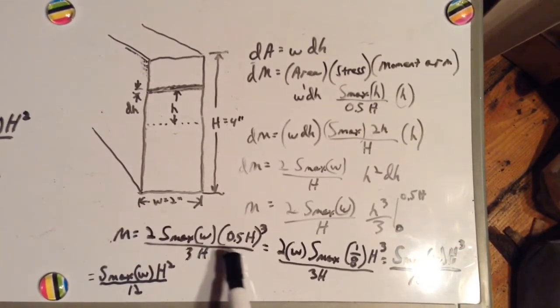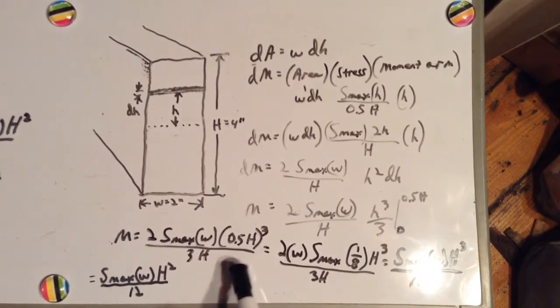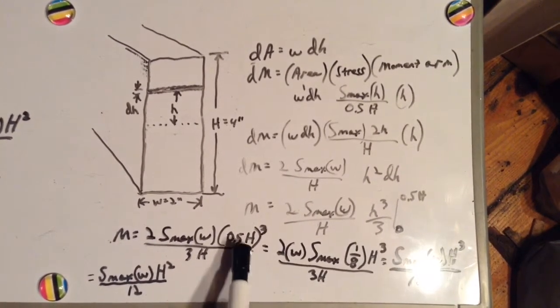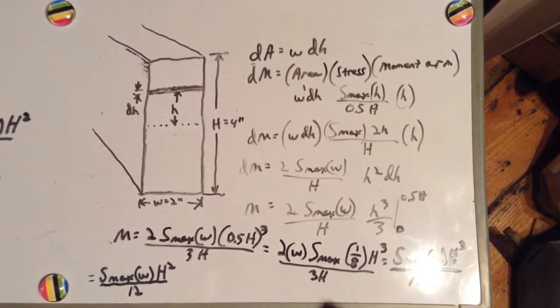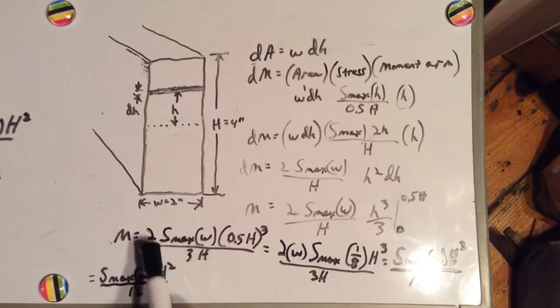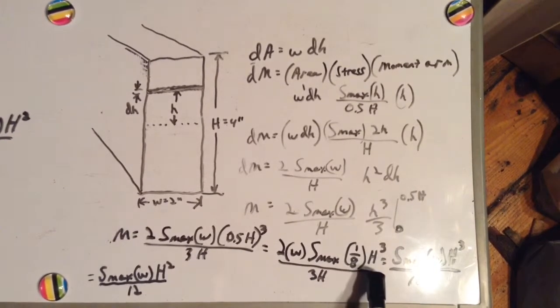So when we multiply 0.5h times 0.5h times 0.5h, which is what 0.5h cubed is, we have 1/2 times 1/2 times 1/2, which is 1/8 h cubed. We just carry this same old stuff over, 2 times stress max times W over 3h.